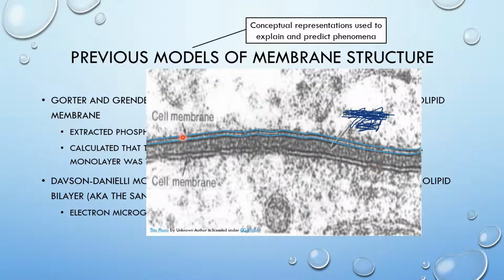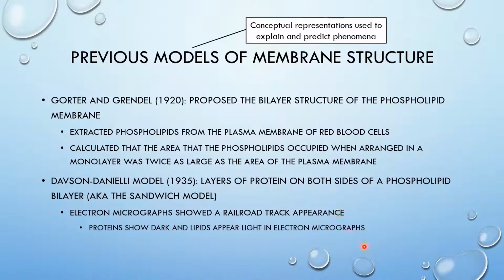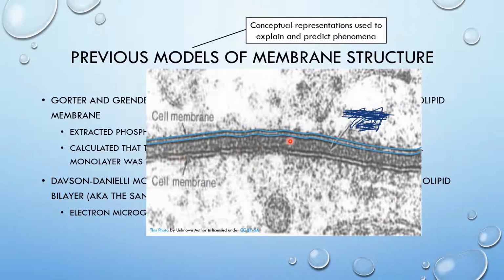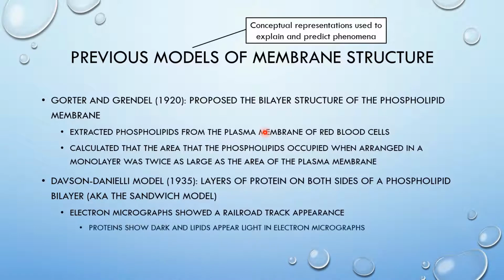The dark lines form somewhat a railroad track appearance. Since proteins show dark and lipids appear light, Davson-Danielli said that the dark parts are proteins and the white parts are phospholipids. And they came up with this model.